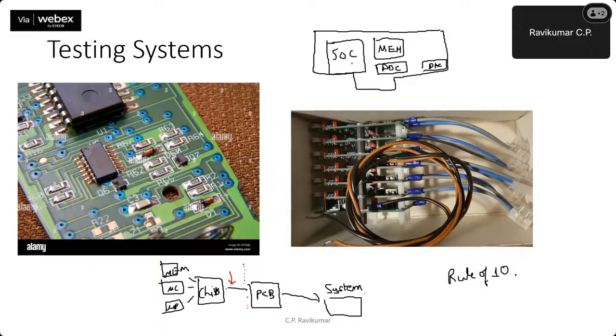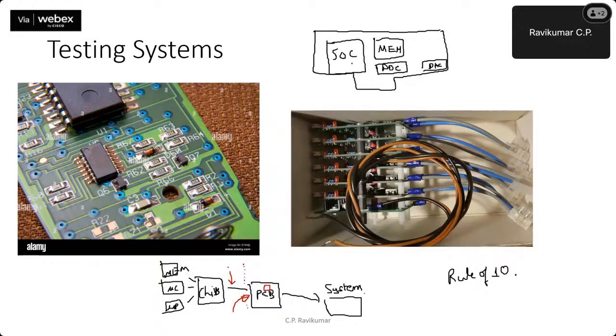So if there was a chip that was not correctly tested, maybe the fault coverage was not sufficient, or maybe because of some inefficient or insufficient testing, the faulty chip found its way into the PCB, right? And now the faulty chip is present in the PCB.